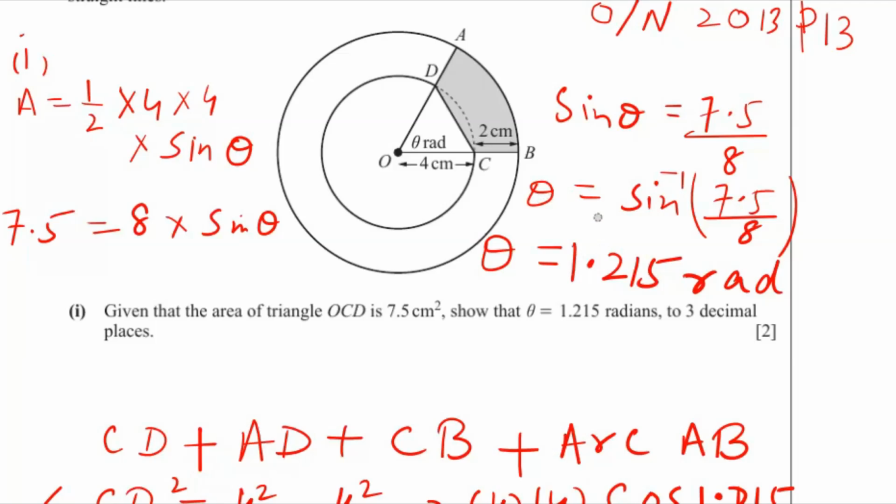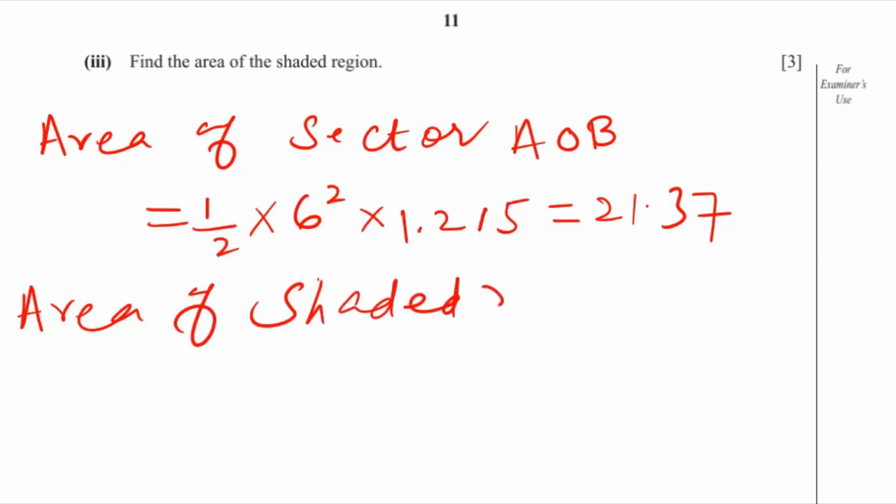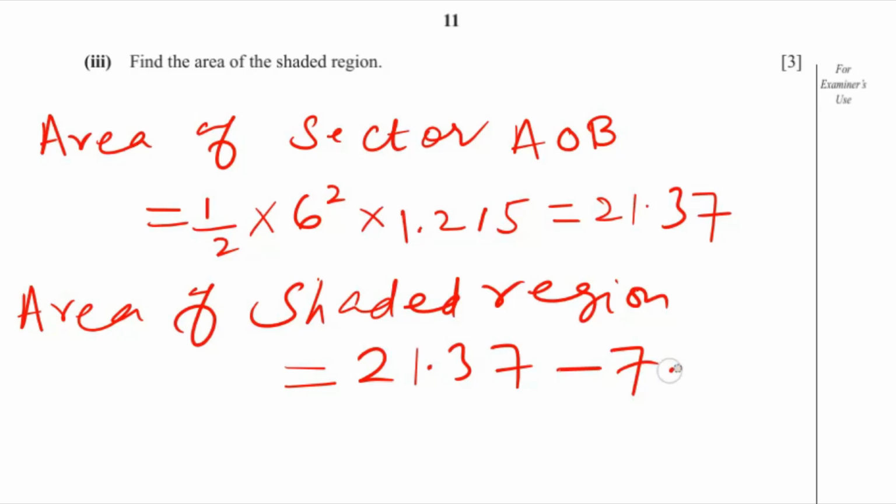Now, if you subtract the area of triangle OCD from the area of the sector AOB, you will get the final answer. The area of the triangle is already given in the question, that is 7.5. So, you can write area of shaded region is equal to 21.37 minus 7.5.